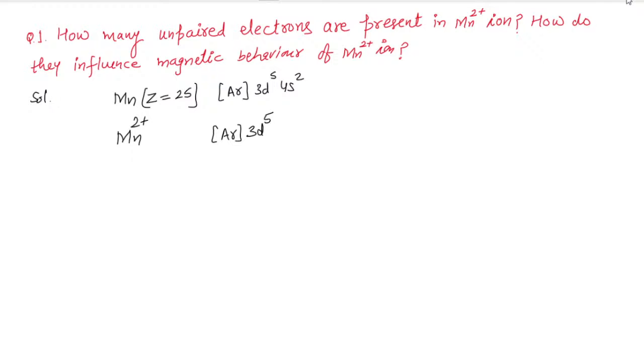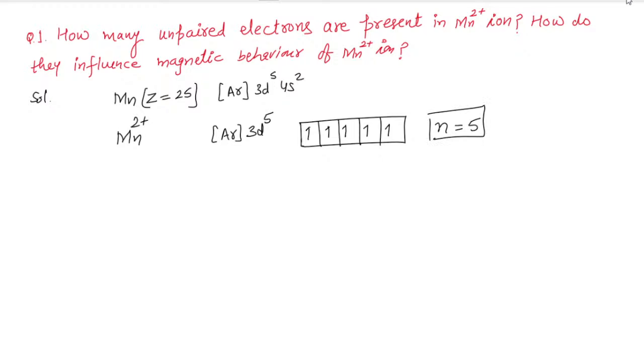So in 3d5, 5 electrons are there: 1, 2, 3, 4 and 5, right? So the number of unpaired electrons is 5.